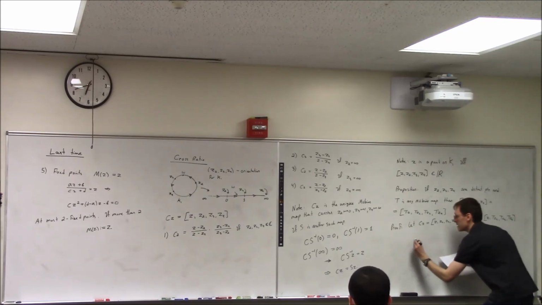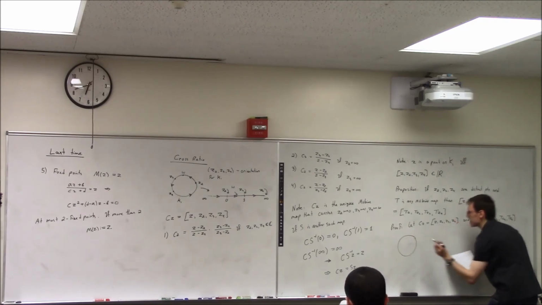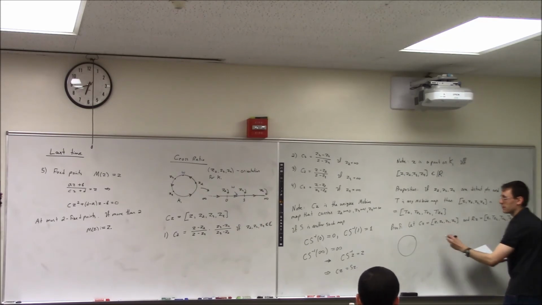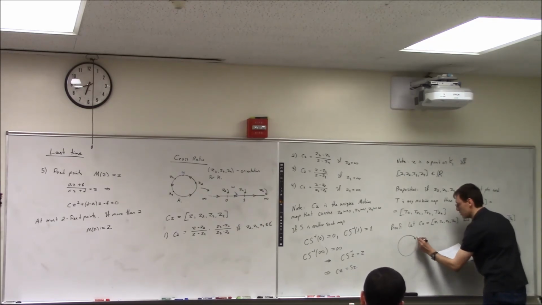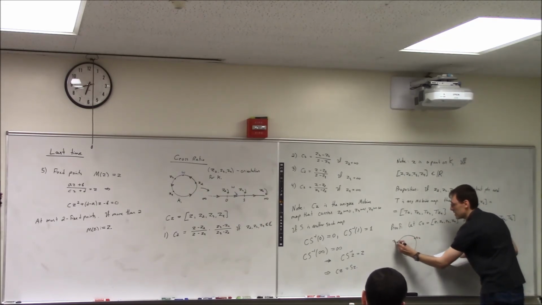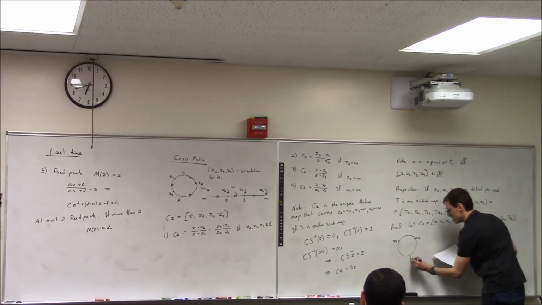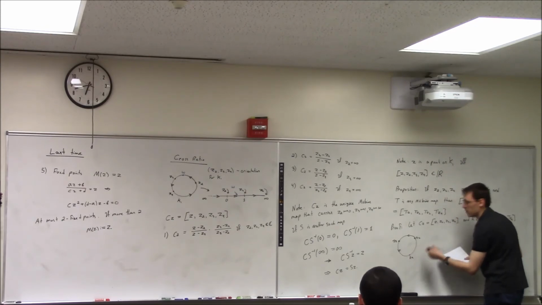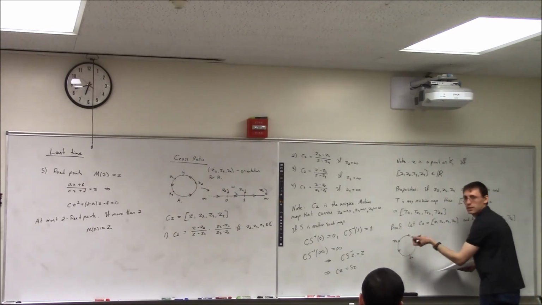And then what you have here is a circle that goes through Z2, Z3, Z4. Somewhere here is Z2, somewhere here is Z3, somewhere here is Z4. Let's say I chose orientation that is counterclockwise. It doesn't have to be, by the way. It could be clockwise.